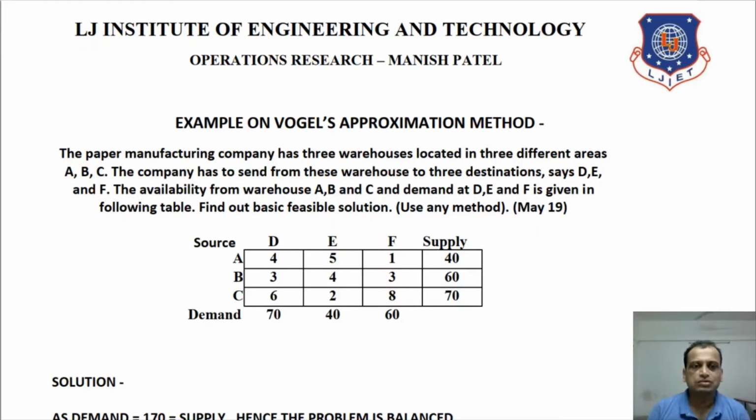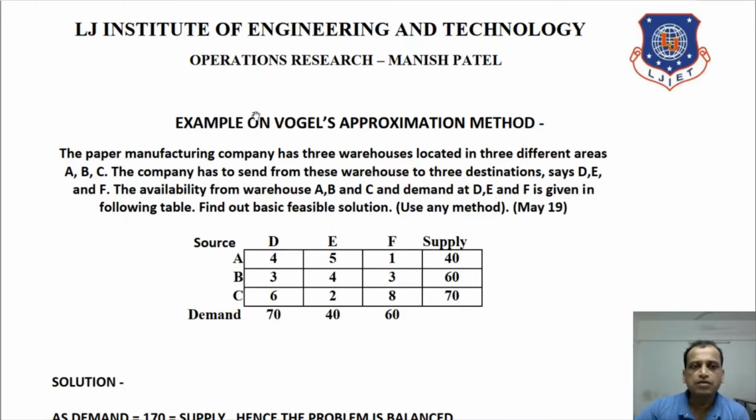So let's solve the example based on Vogel's approximation method. Out of the three methods, northwest corner method, least cost method, and Vogel's approximation method, VAM provides the near optimal, near the best solution. So let's find out how we solve this problem based on the VAM method.